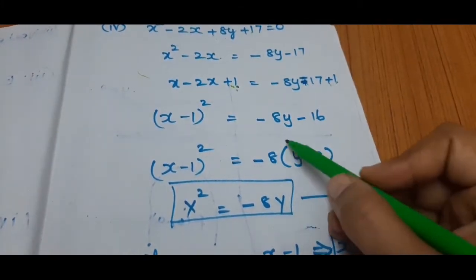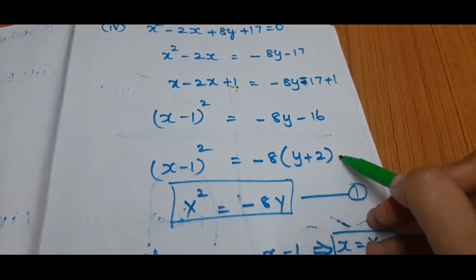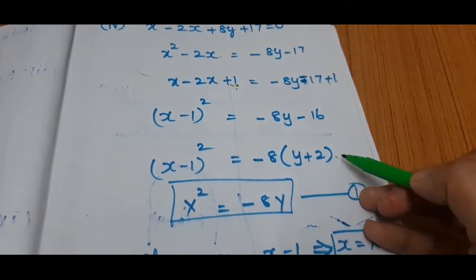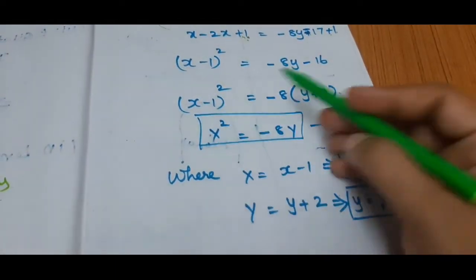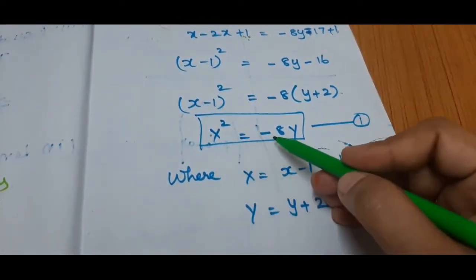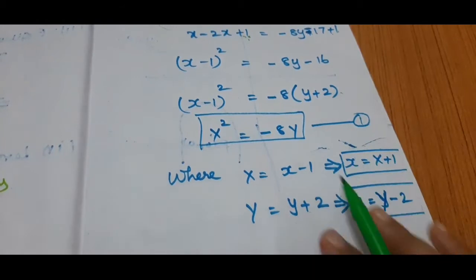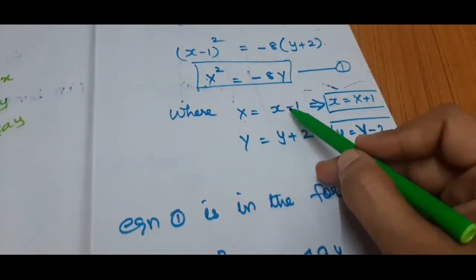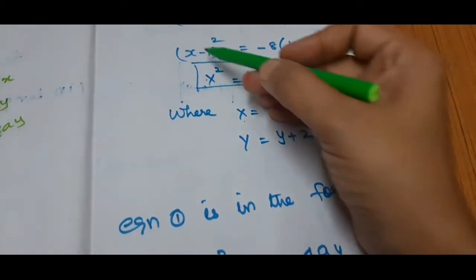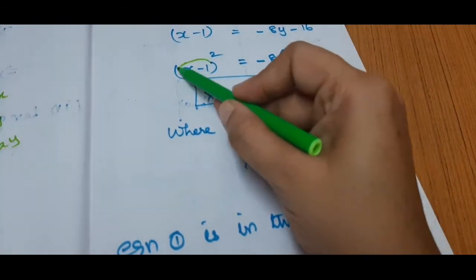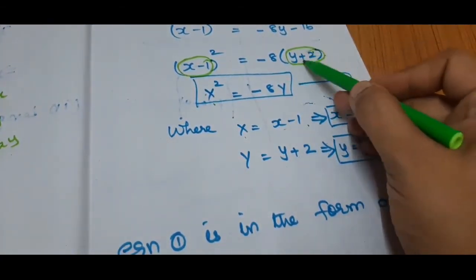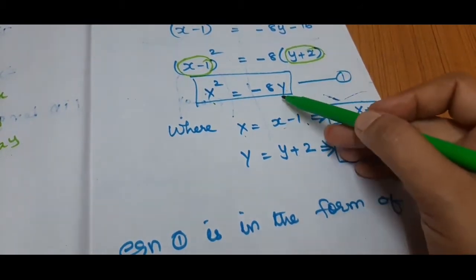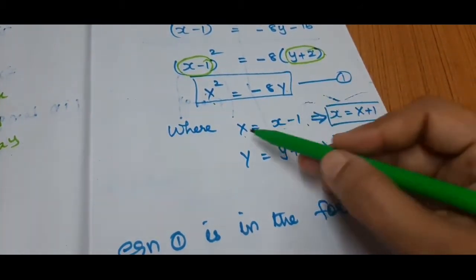So minus 8 I can take outside: minus 8 into y plus 2. So this is in the form of capital X square is equal to minus 8 capital Y, where capital X is equal to x minus 1. I am taking this x minus 1 as capital X and this y plus 2 as capital Y, for my convenience.